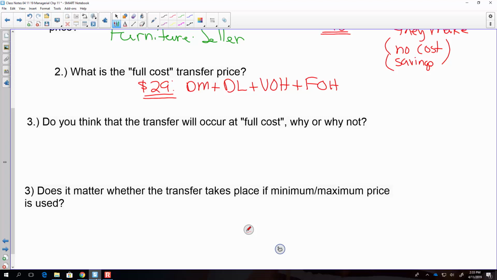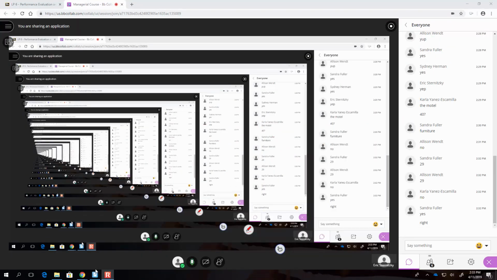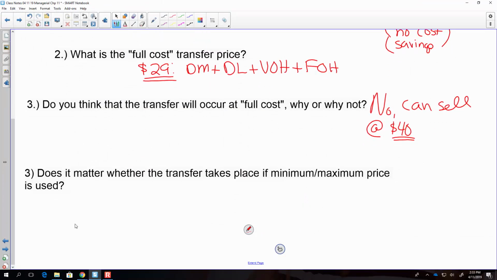So in this case, no. I can sell and make a profit at $40. If I transferred it at 29, the seller would be hurt by that particular decision because I can make 40. Why would I sell it for 29? So that's kind of the analysis here. Good, thanks, Sandy, that we have to be aware of.